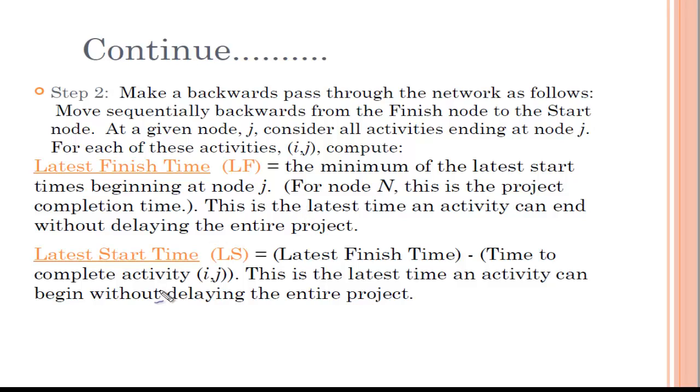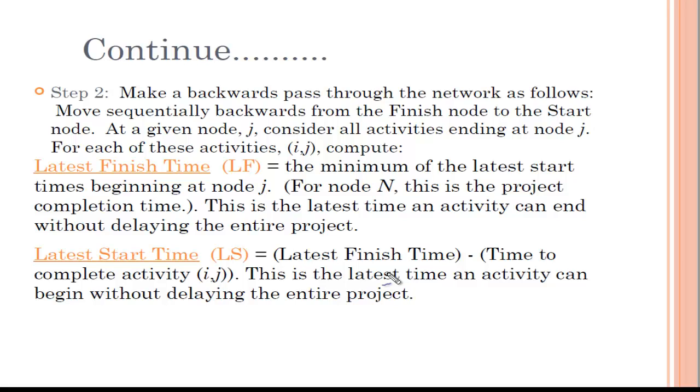In the same way, going backward, we can find the latest start time. That is the calculated latest finish time for the node, minus the time to complete the activity. Whatever the time of that activity is, you subtract it from the finish time.